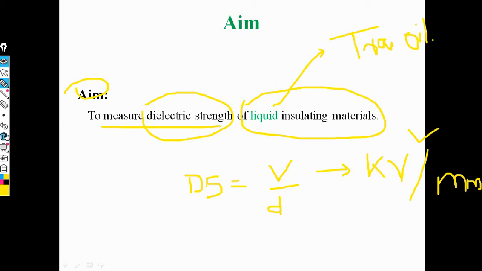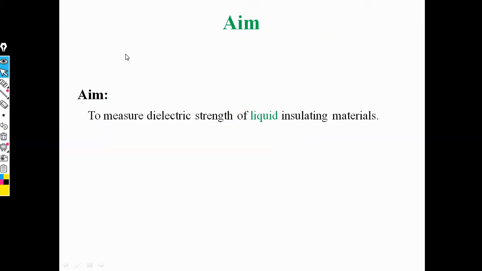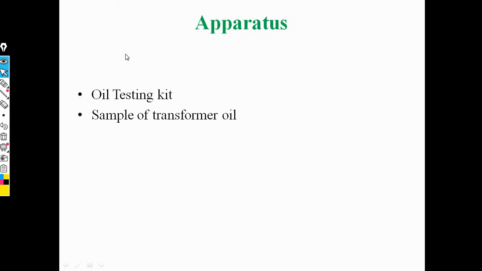Here we need apparatus. The first apparatus is an oil testing kit, and the second one is a sample of transformer oil. These are the important apparatus needed for the case study of liquid insulating material.